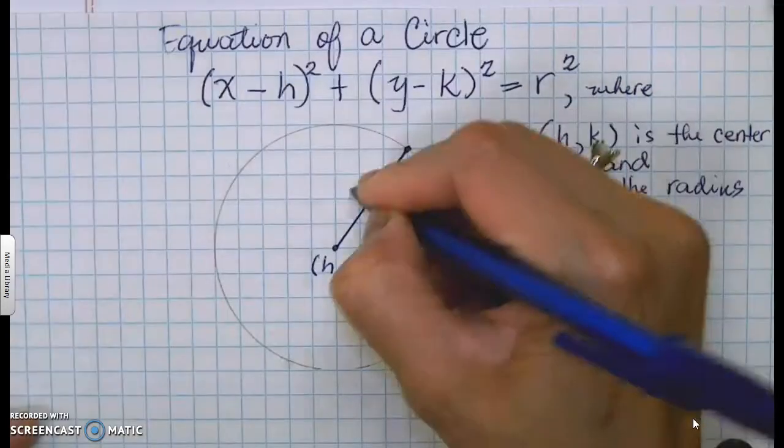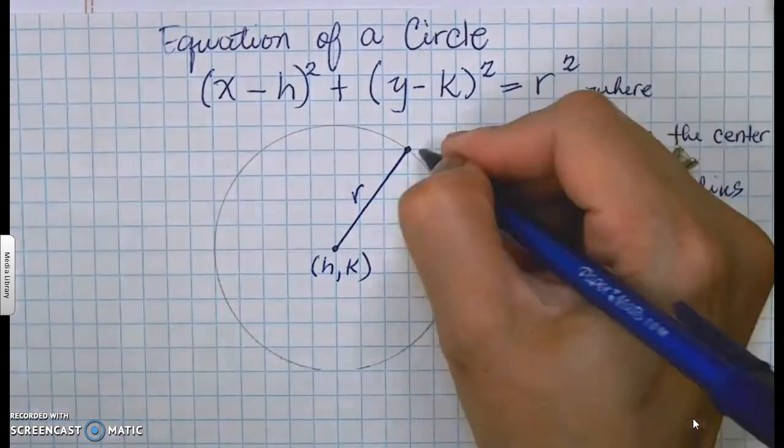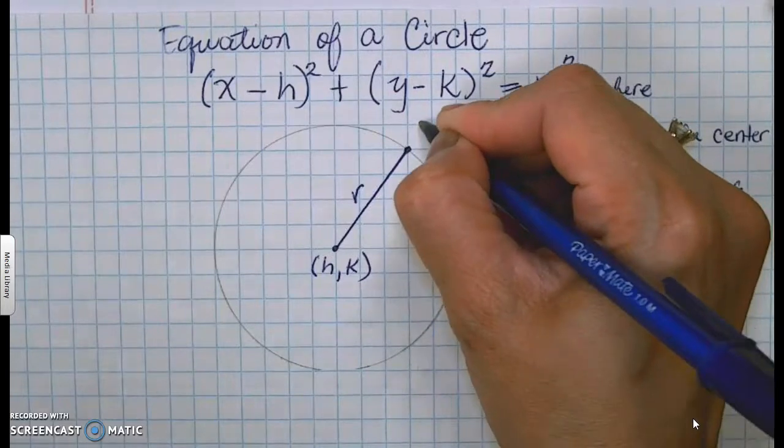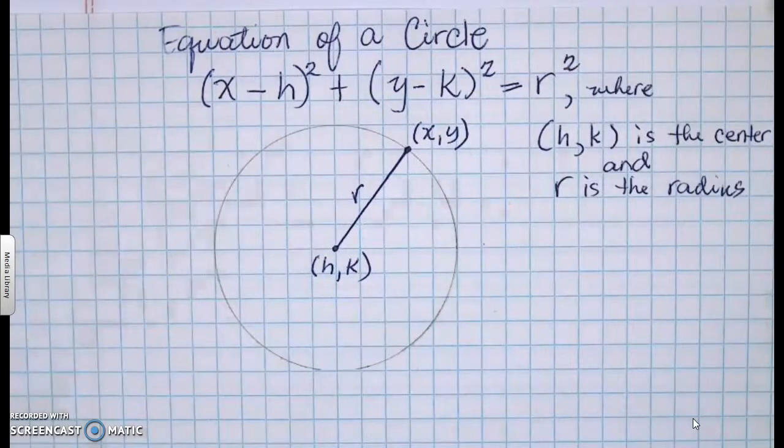I will call this my r, and I'm going to call this point right here my x comma y. This is very easy because you're going to use both the distance formula and the Pythagorean theorem. Okay, so let's begin.